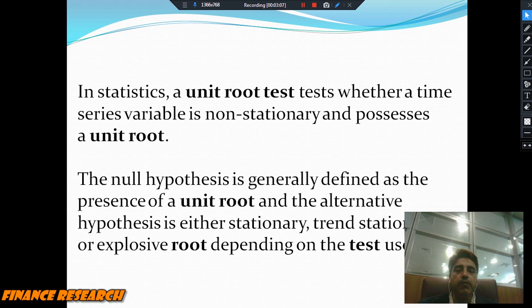So you must find out individually whether they contain a unit root or not. If, for example, there is a unit root, you will say the residuals have the unit root, so the null hypothesis is formed. The alternative hypothesis is that they are either stationary or have an explosive root, depending on the test used.